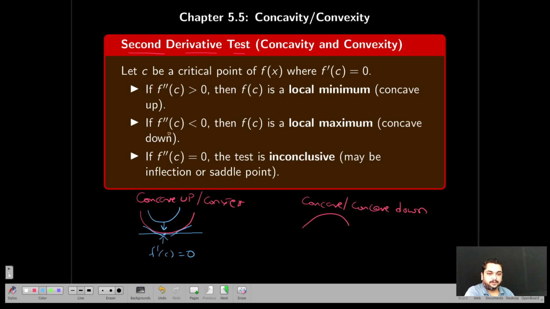Similarly, if f double dash of c is less than 0, then it will have a maxima with a tangent like this, where f dash of c equals 0, and the curve is decreasing from that point on both sides, so we call it concave or concave down.